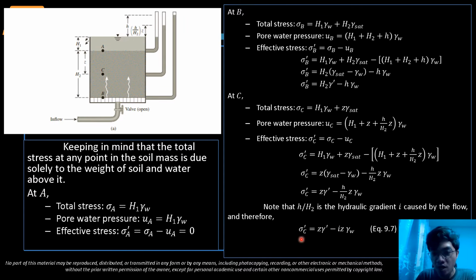The effective stress at C is equal to Z gamma prime minus iZ gamma w.